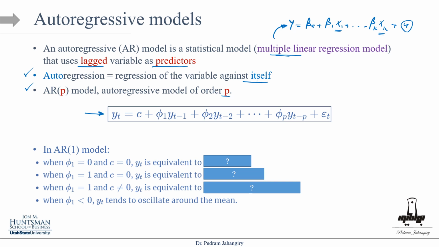So your yt is going to be some constant plus phi1, and these are Greek letters. Again, you can use anything, beta, gamma, you name it. But there's a consensus out there that for the AR component, we stick to the Greek letter phi, and I'm going to stick to that notation as well. So phi1 yt minus 1, phi2 yt minus 2, and all the way to phi p yt minus p. So this is order p.